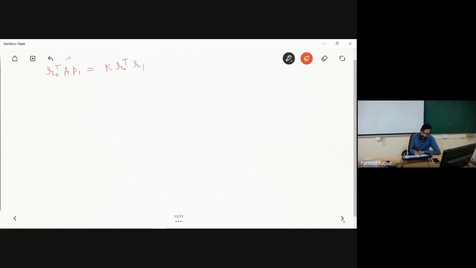Now, can you tell me what is R0 transpose into R1? R0 transpose into R1 is nothing but equal to 0, which we have seen in just a few slides earlier. So this will become 0. That's why I find from here that R0 transpose A into P1 is equal to 0. So this is one important finding.